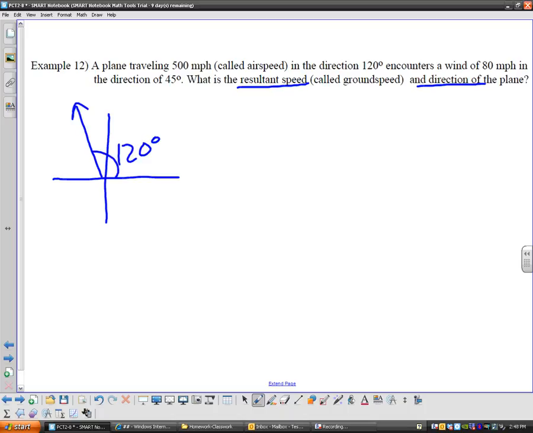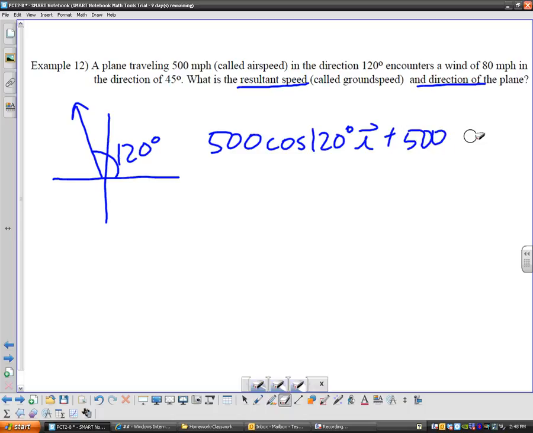So the plane's vector would be 500 times the cosine of 120 degrees as its i component, and the j component would be 500 times the sine of 120 degrees.